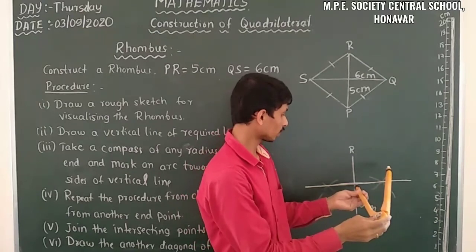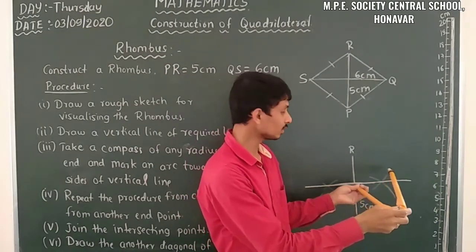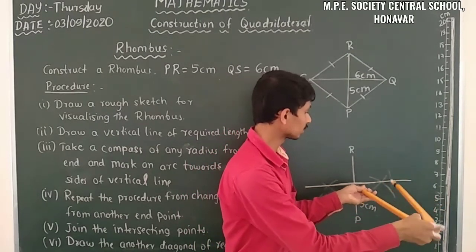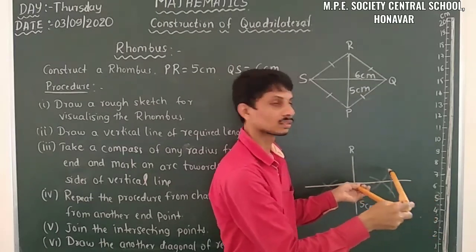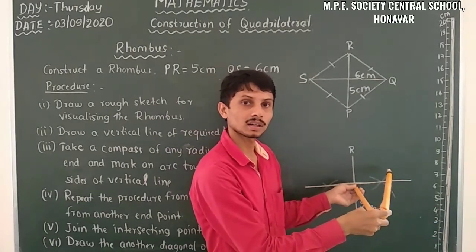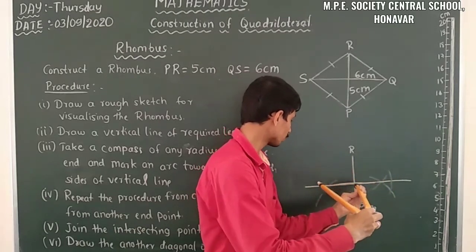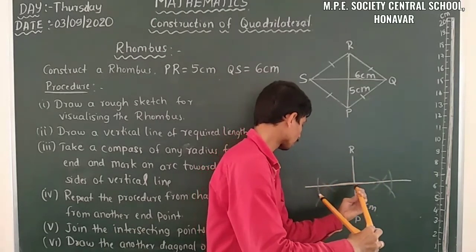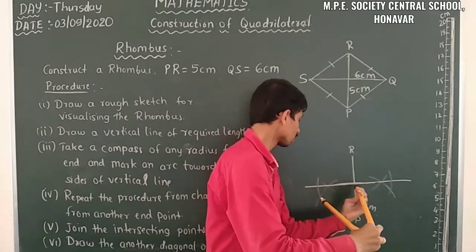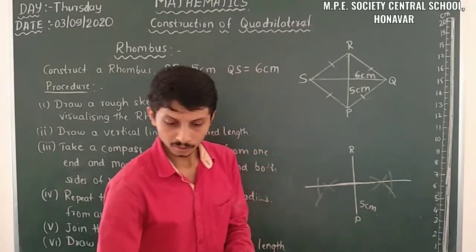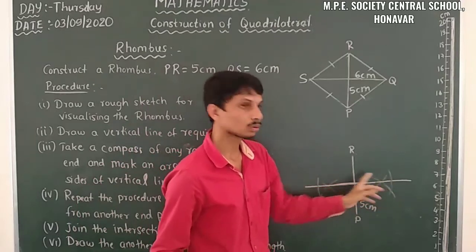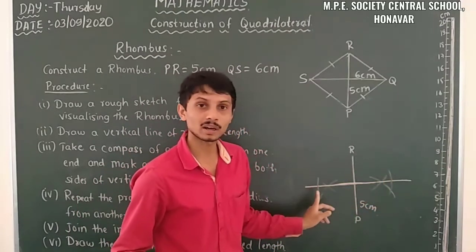Locate the intersecting point, then mark a curve on the horizontal line, and here also mark a curve on the horizontal line. These two points we have to consider.